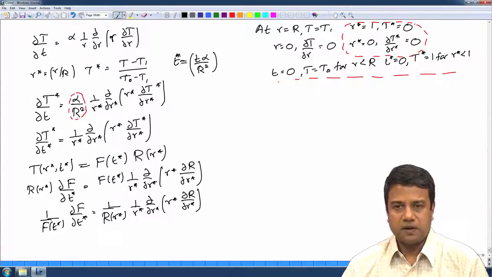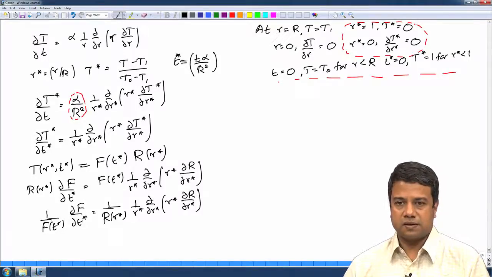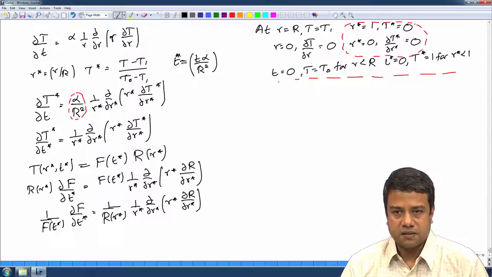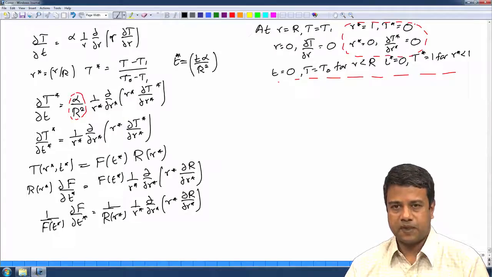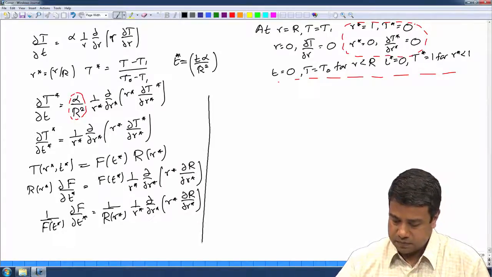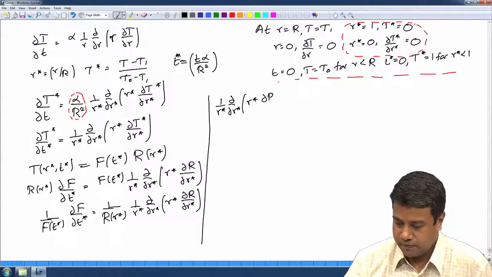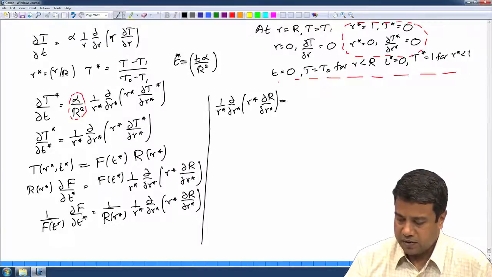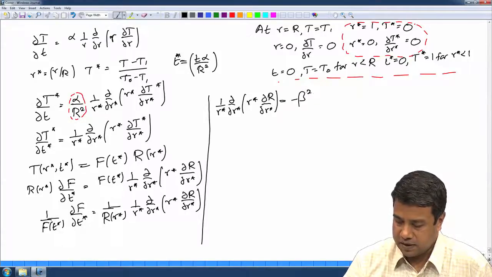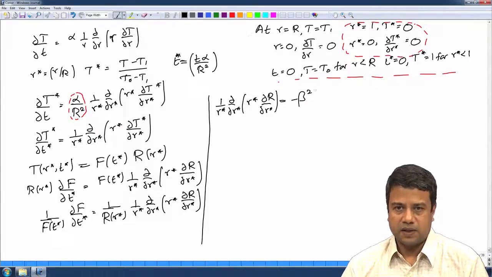So, the only way that you will get a solution that is decreasing to 0 as time goes to infinity is if the left side and the right side are both equal to negative constants. I will call that beta square, where beta is any number.